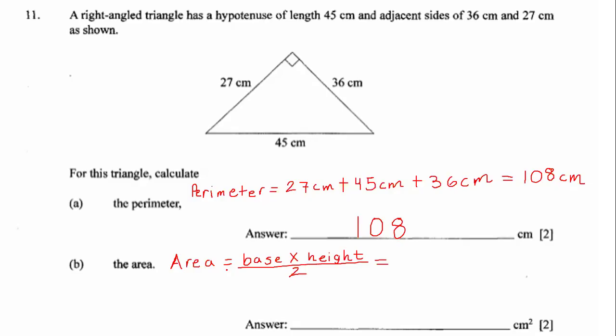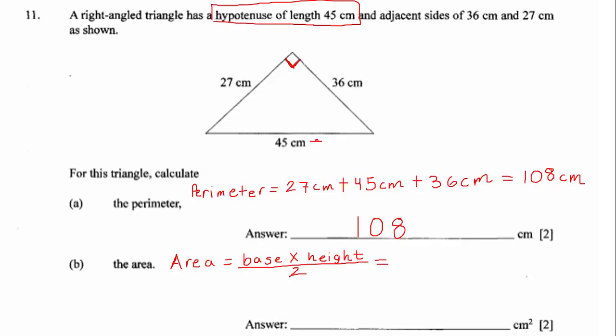45 wouldn't be the base because we have a right angle. Remember, if you have a right angle, you cannot use 45 as the base. They told you that 45 is the hypotenuse, the longest side, so it can't be the base or the height.